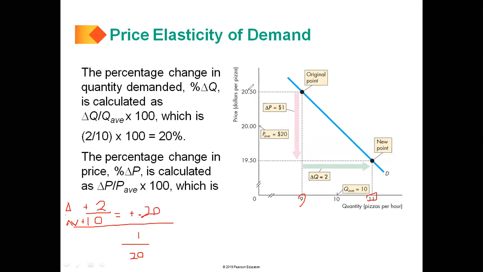But in the denominator, the price change, the price dropped. So we'd actually say that 20 minus 50, well, one of the two. We can say the price went down $1 and then the average was 20.